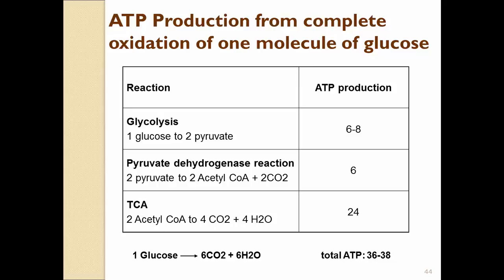Eventually, one glucose molecule, if completely oxidized through glycolysis and the TCA cycle, generates 36 to 38 ATP, right? So maybe go back and calculate how this number comes out, okay?